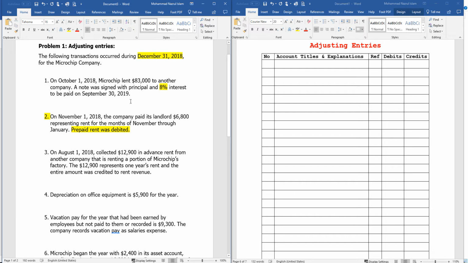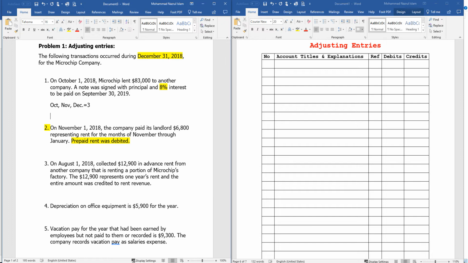And number three is we should be careful about the number of months that have already passed. So from October, November, December, 3 months, right? So we will calculate interest for these 3 months.